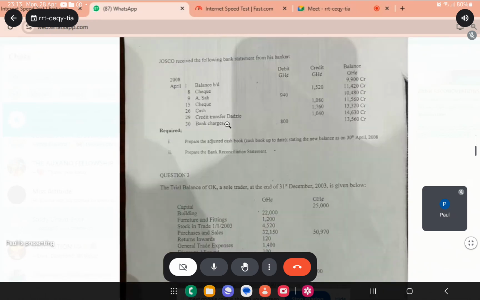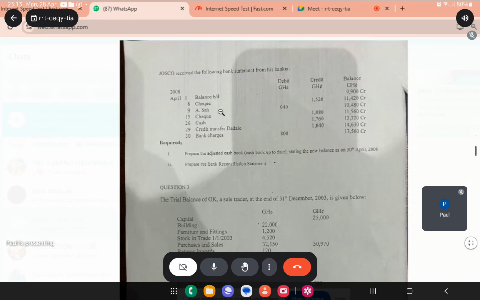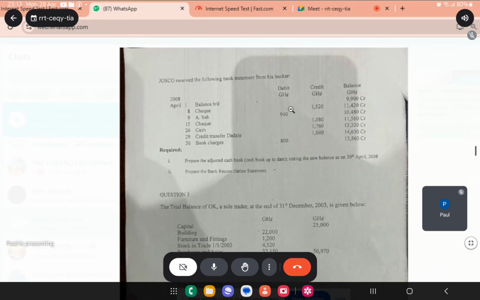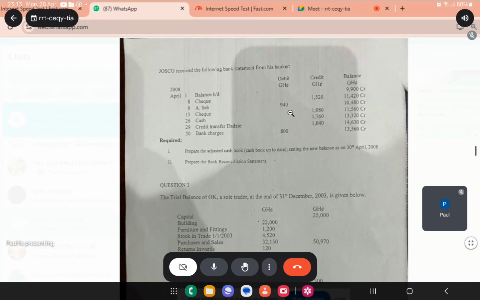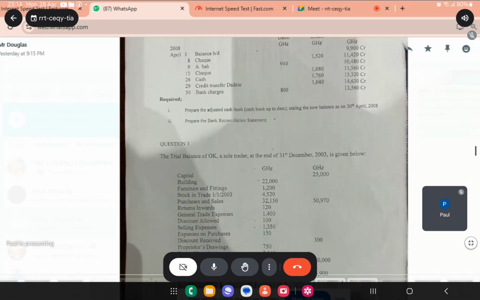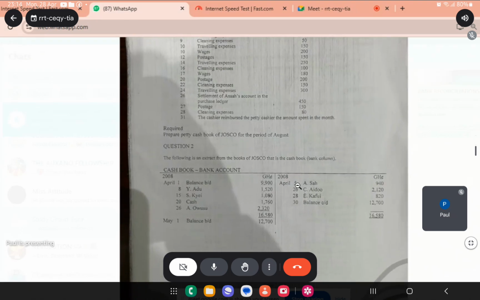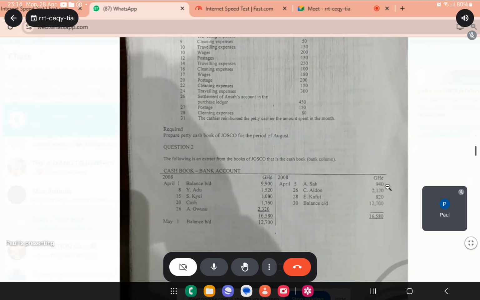So you go on to the 9th, ASA 940, and it's on the debits. So when we go to the credit of the cash book, we should see ASA 940. Please, can you see it?